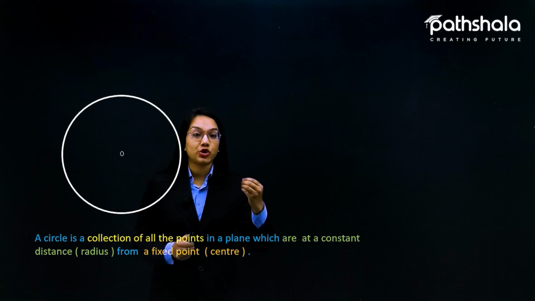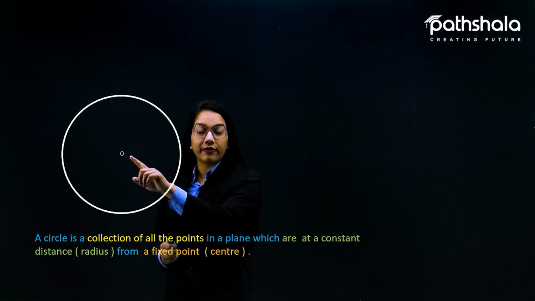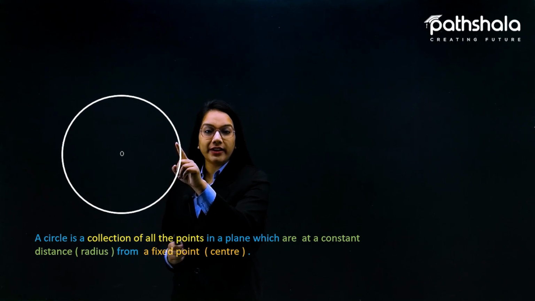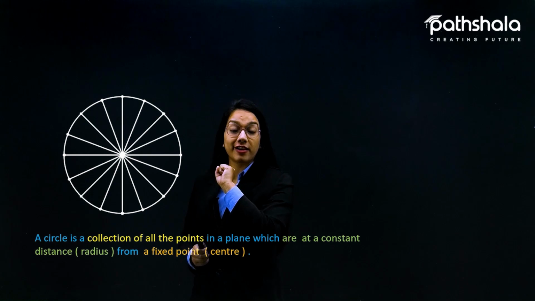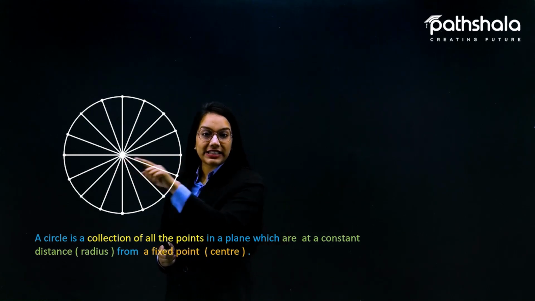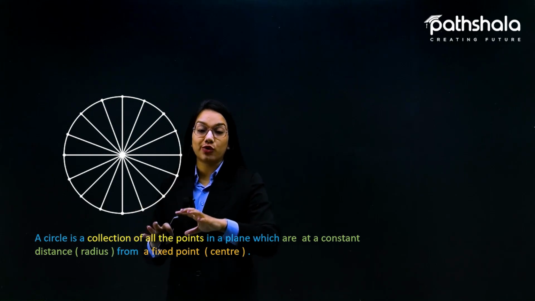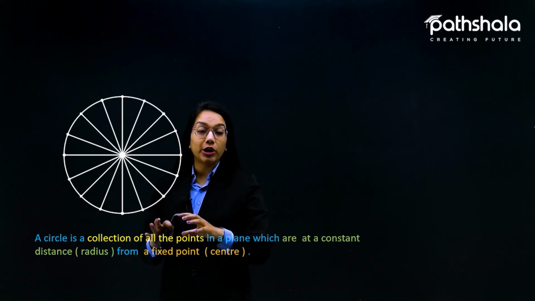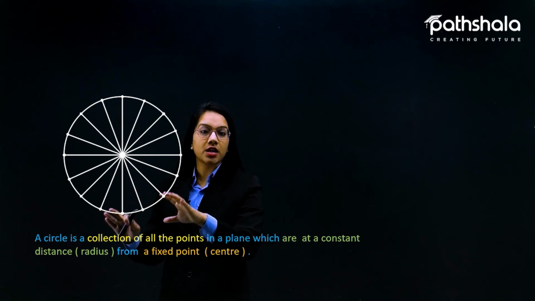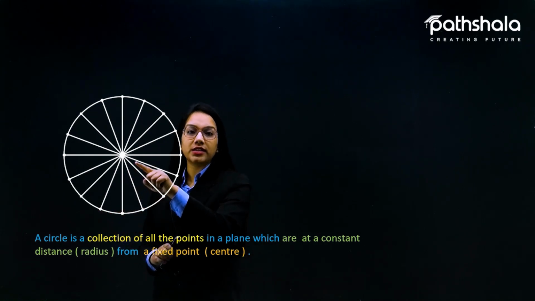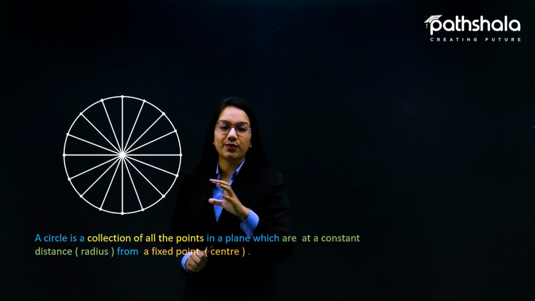If I draw these distances from the fixed point, you can see all these distances, which are called the radius, are equal to each other. So whenever we talk about the collection of points lying in a plane at a constant distance from a fixed point, called the center, that collection always forms a circle.